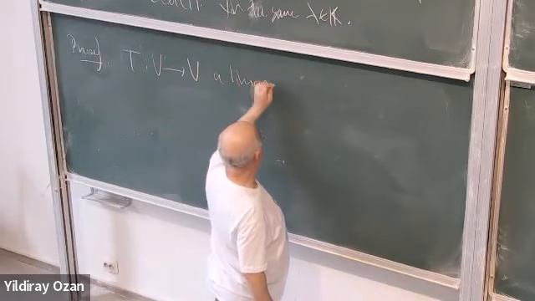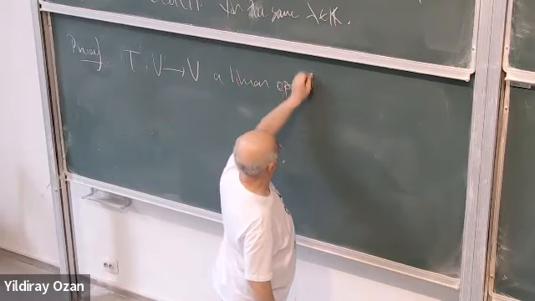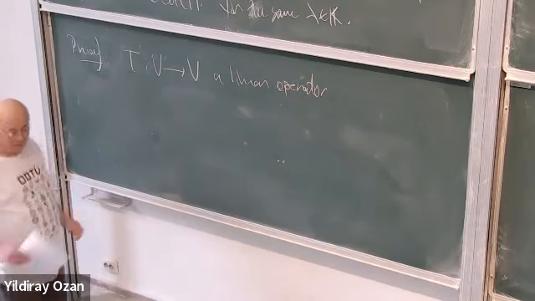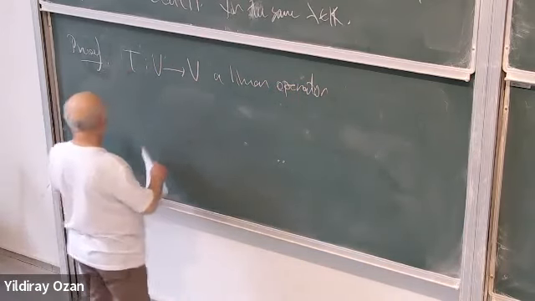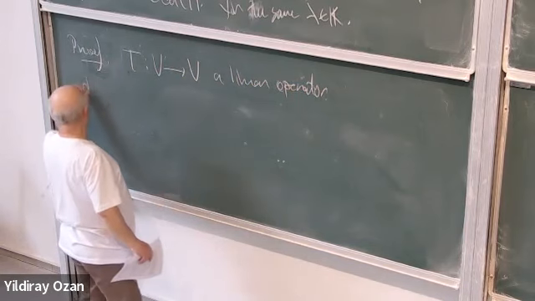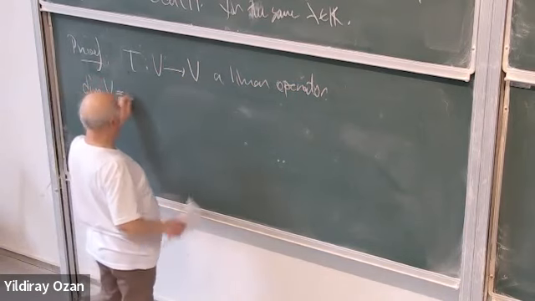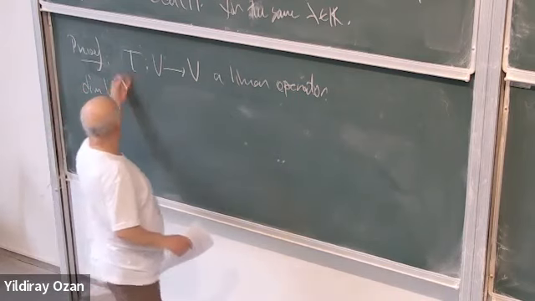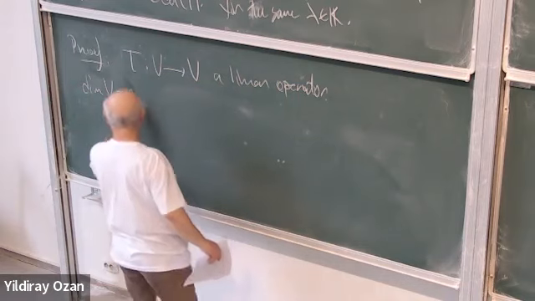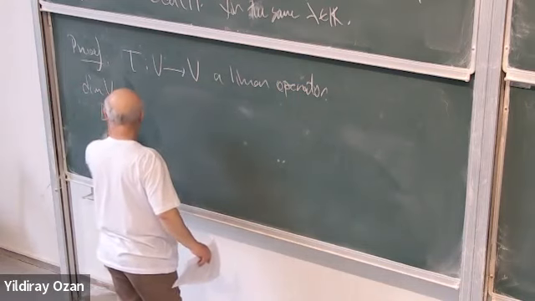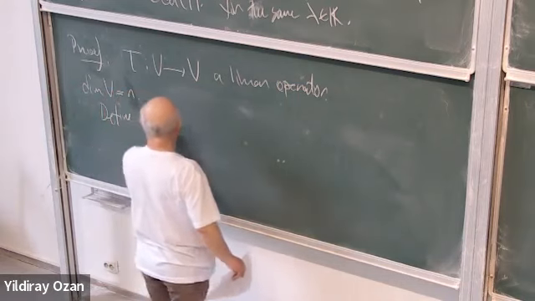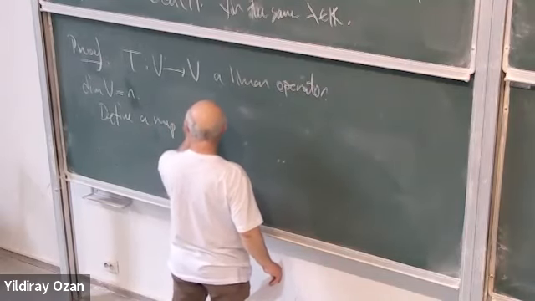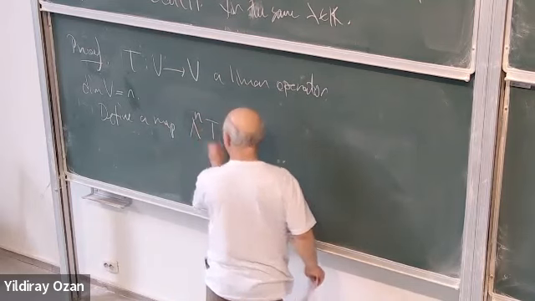A linear operator T. This defines an operator like this, and the dimension of V is equal to, let's say, n, and define a map. Okay. The map is defined like this.